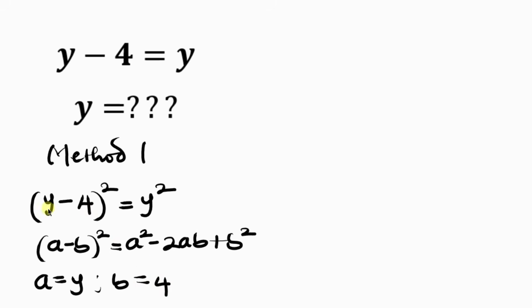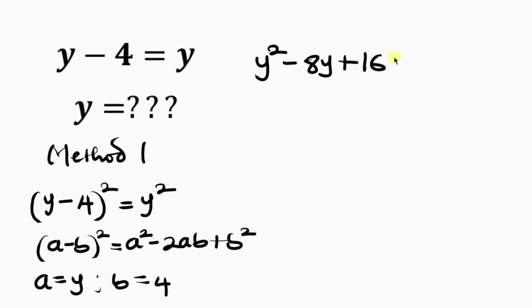So now let's write this expression in this form. Here we have a squared, so that will be y squared, then minus 2 times a times b, that is minus 2 times y times 4, that will be 8y, and then plus b squared, so that will be 4 squared, which is 16. Very good.